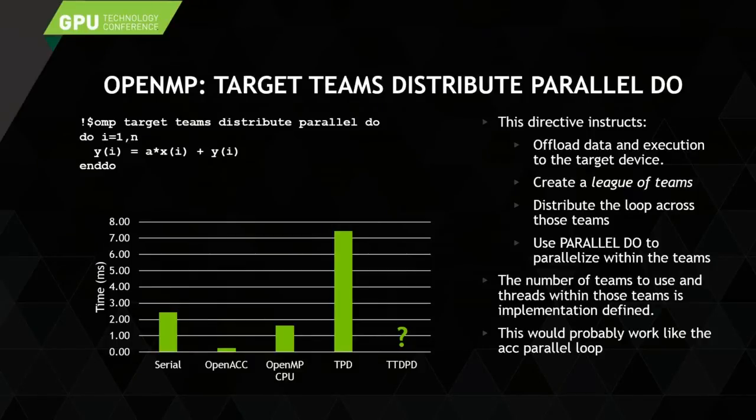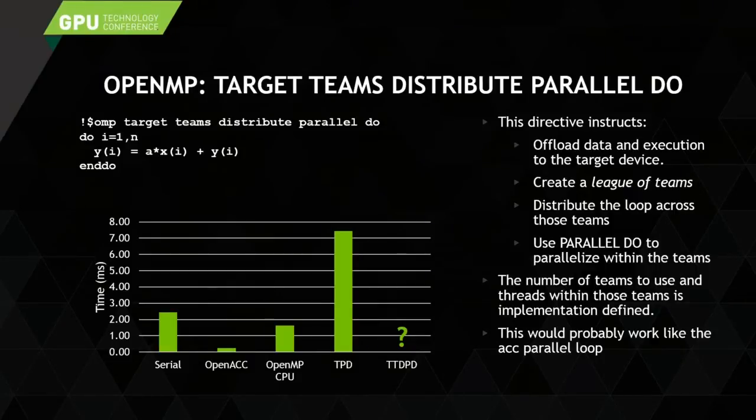So on an architecture where we only need one thread team, okay, we get one thread team. That's fine. On an architecture like a GPU where we really want lots and lots of thread blocks in order to fill up the GPU, we have that option as well. So here we create a league of teams. We distribute our loop first across those teams, and then we use the standard work sharing within those teams.